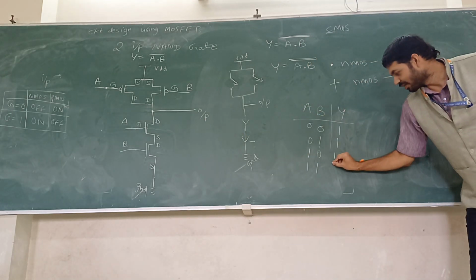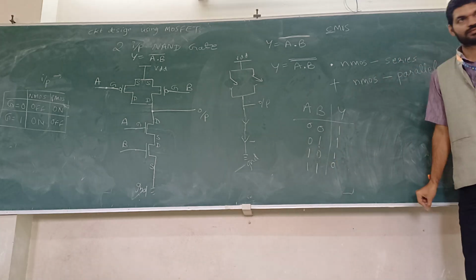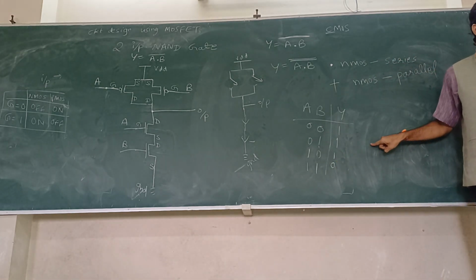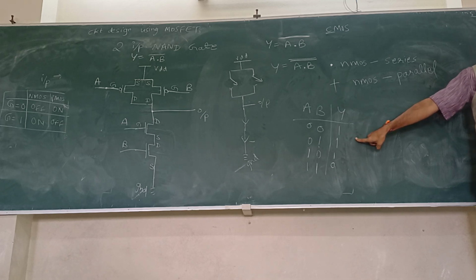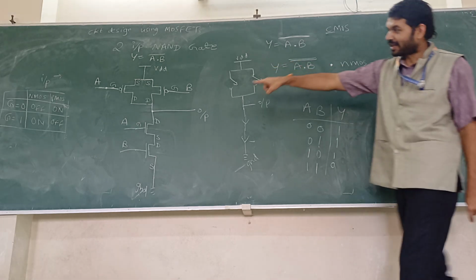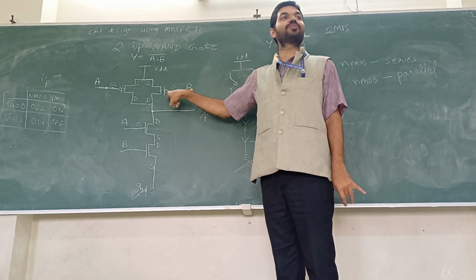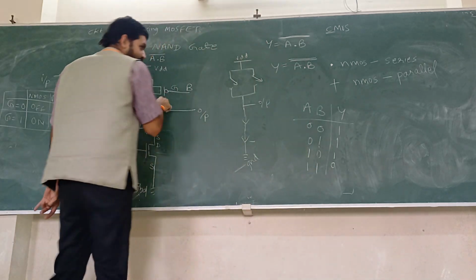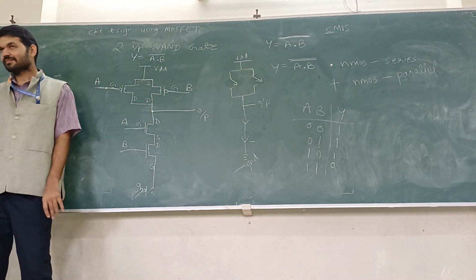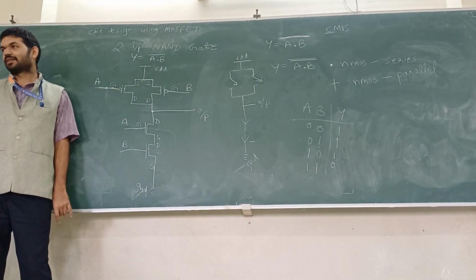So the output is 0. Now check, is this the truth table of a 2 input NAND gate? Correct. So this design is behaving like a 2 input NAND gate. Okay.